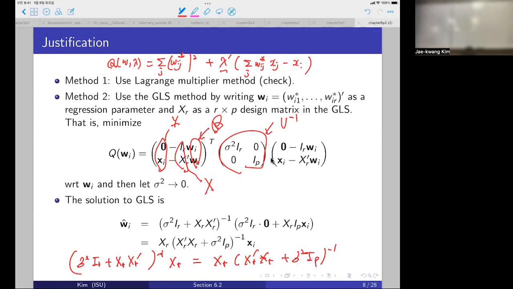This is a very popular tool in linear models, right? So you can directly apply the solution. You know the solution already for this kind of problem. So the solution is beta hat equals (x prime V inverse x) inverse x prime V inverse y.